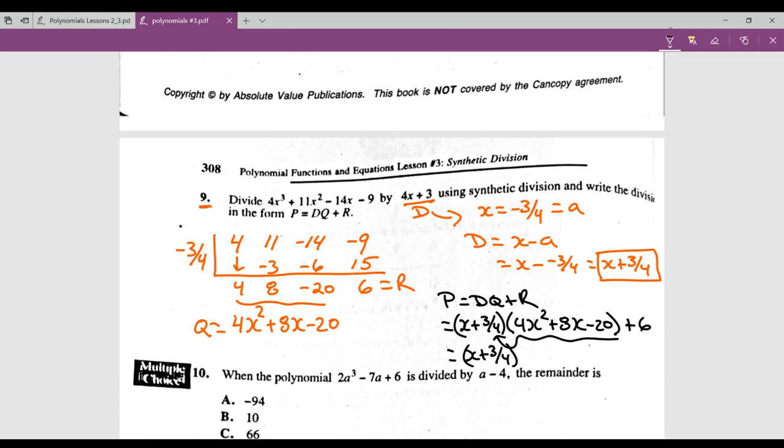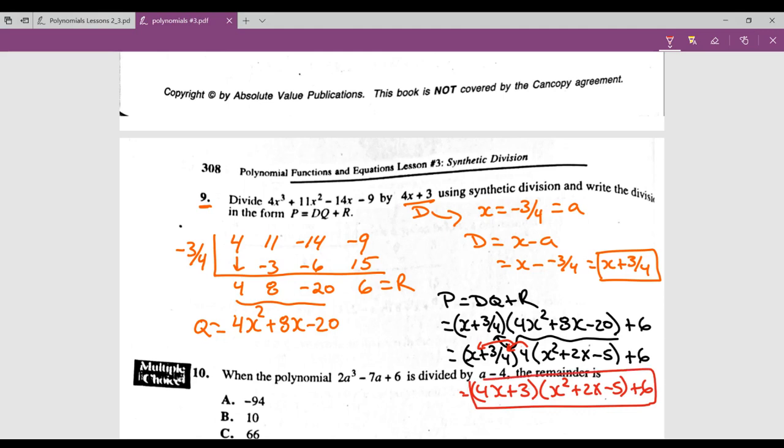I can take a 4 out from here and get x squared plus 2x minus 5. The 4 then multiplies into here, and I'm left with 4x plus 3, times x squared plus 2x minus 5, plus 6.